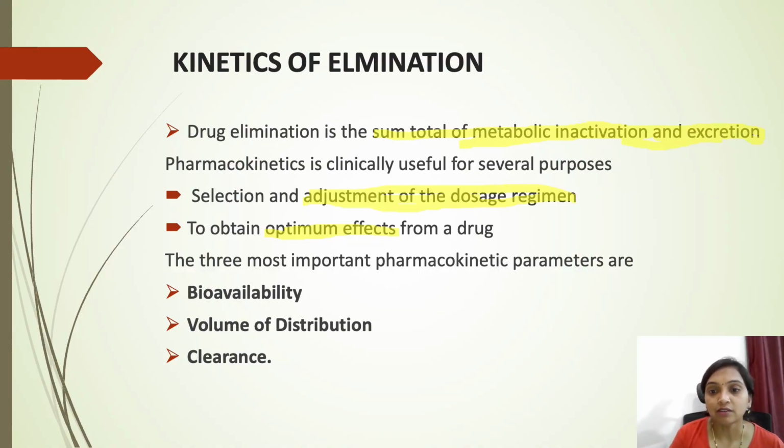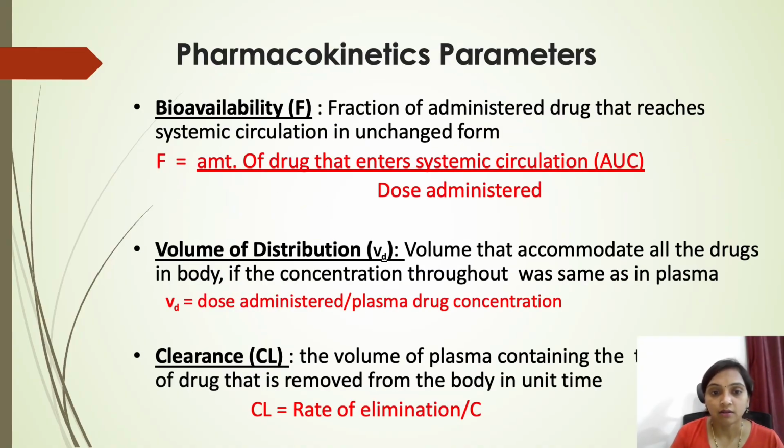Three important pharmacokinetic parameters related to kinetics of elimination are bioavailability, volume of distribution and clearance. These three things are very important in terms of drug elimination. So we will study in detail what these are: bioavailability, volume of distribution and clearance.